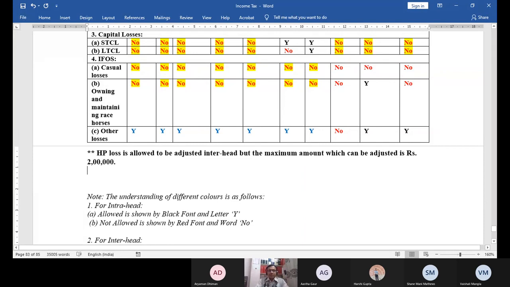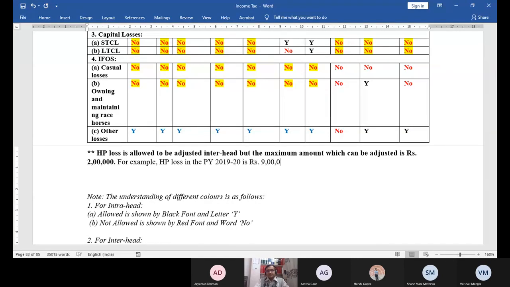This is the main point. Let me explain it with the help of an example. For example, HP loss in the previous year 2019-20 is rupees 9 lakh and long term capital gain is rupees 5 lakh.